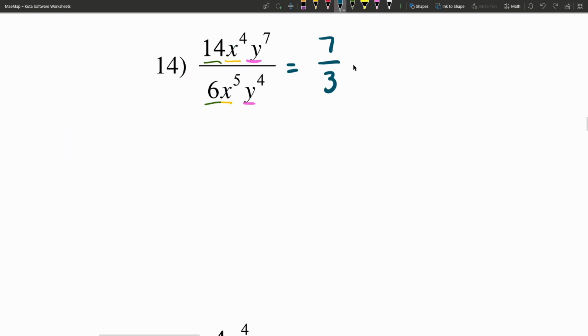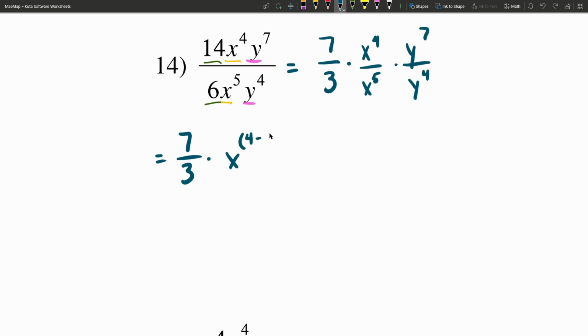Now, writing the rest, splitting up, I'll have x to the 4th over x to the 5th times y to the 7th over y to the 4th. So I'm going to have 7/3 times x to the 4 minus 5 times y to the 7 minus 4.